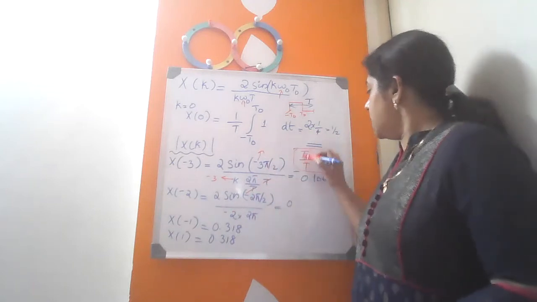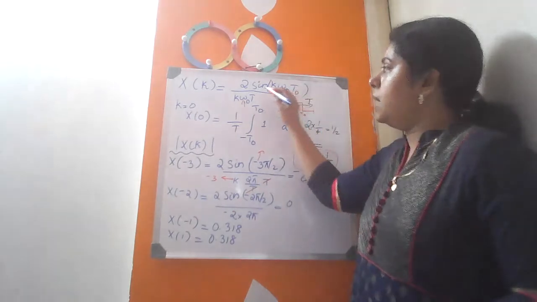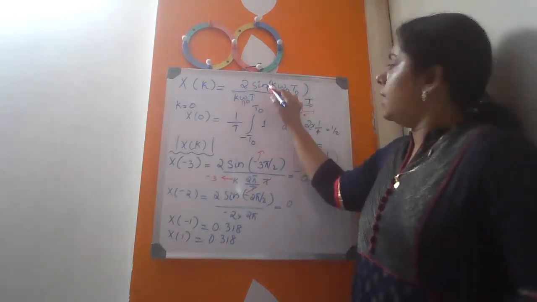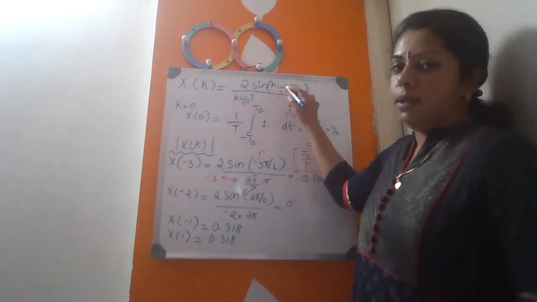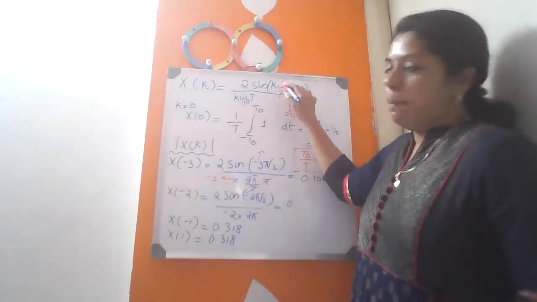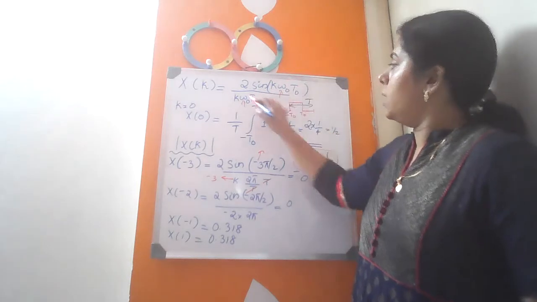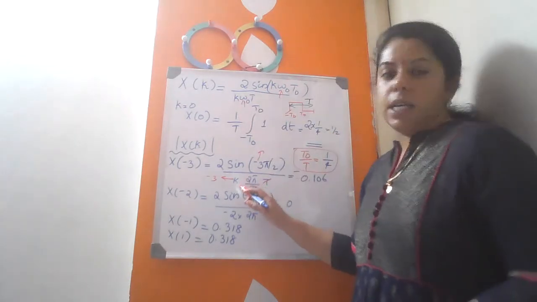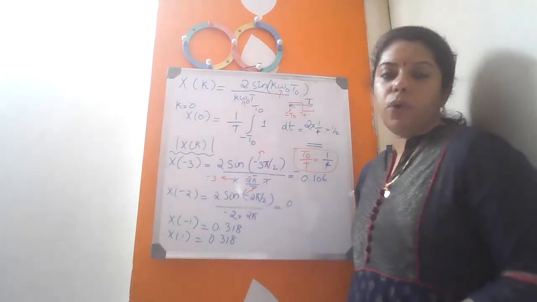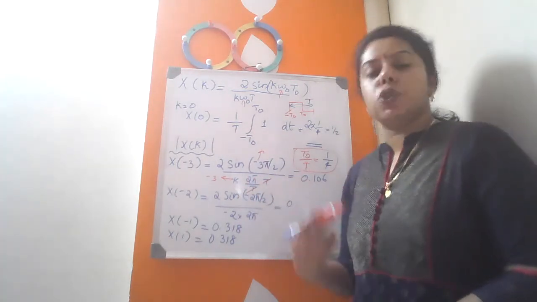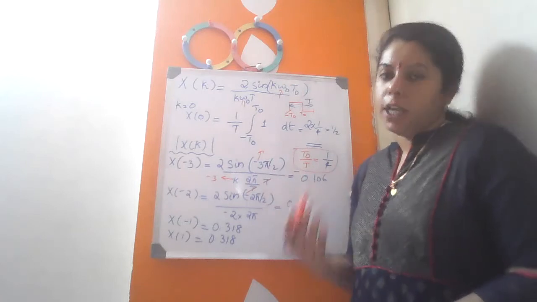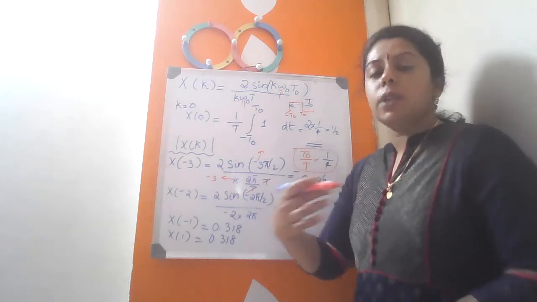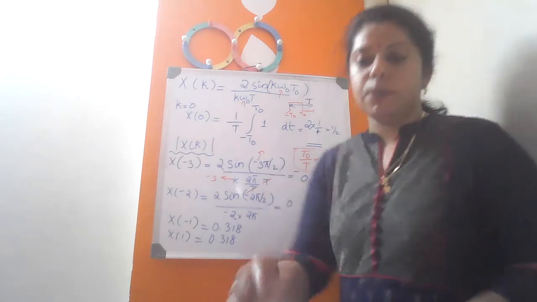Substitute this 1/4 here. Then your entire equation will become 2 sine k pi by 2 divided by k 2 pi. Then keep on substituting different values for k. So this is what you are performing for the calculation of the magnitude spectrum.